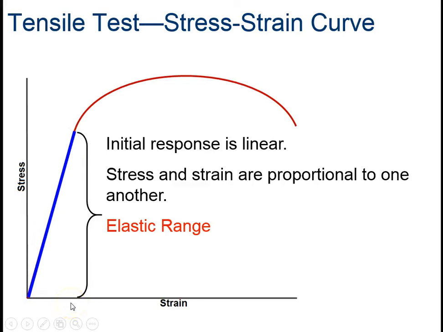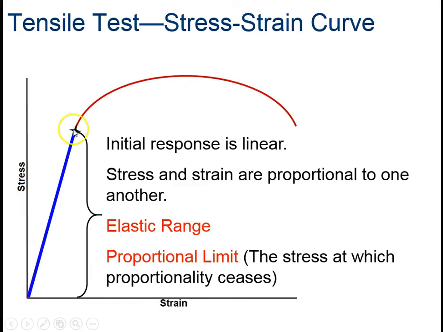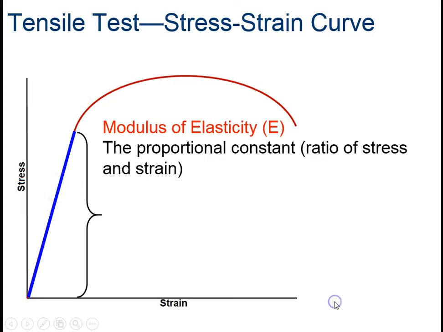It's where if I stretch it, it goes right back to the same shape. And right here is the proportional limit. It's at the end of the linear part. This is the point at which if I stress less than this, it's going to go back to its initial shape. Anything past this, it's going to deform and it won't go back.